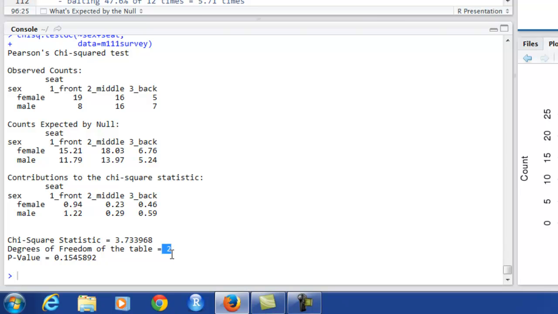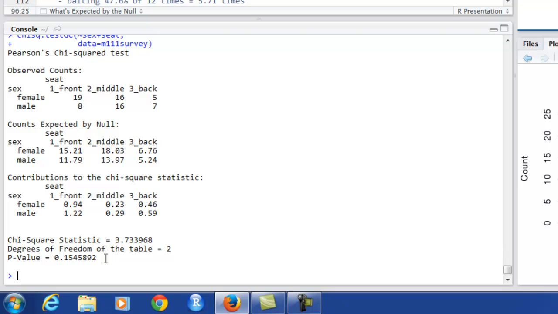So if there's no relationship between these two variables out there in the population, we're expecting to get a chi-square statistic around 2. We got 3.73, which is more than 2, but it doesn't seem like a whole lot more than 2. The p-value tells us the chances of getting 3.73 or more if the null is right.